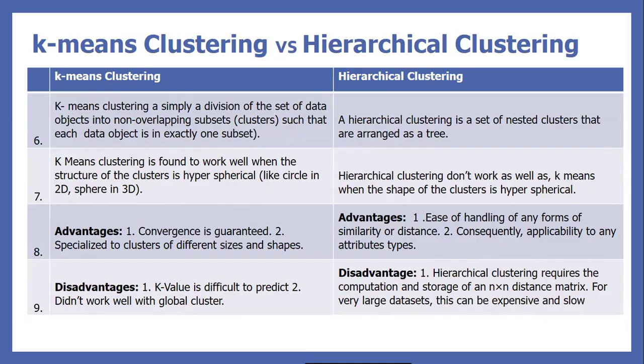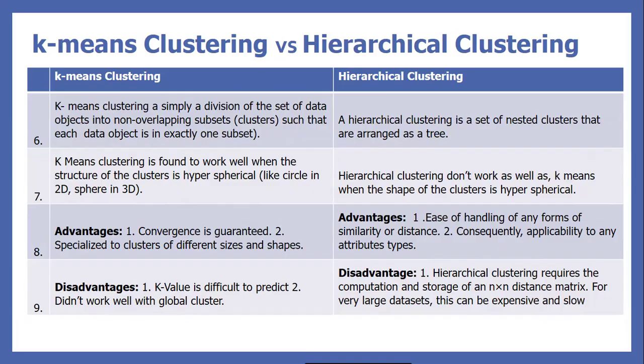K-means clustering is found to work well when the structure of the cluster is hyperspherical, like a circle in 2D, sphere in 3D. Hierarchical clustering doesn't work as well as K-means when the shape of the cluster is hyperspherical.